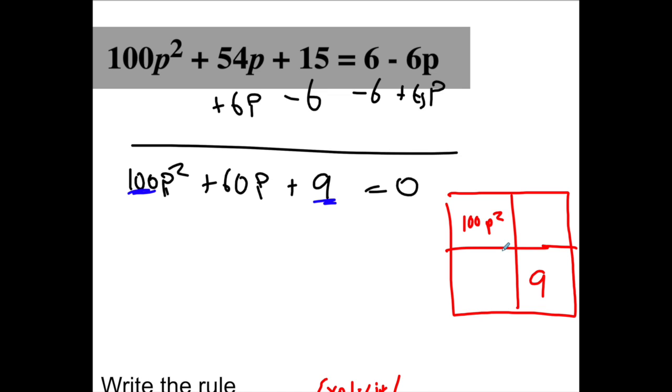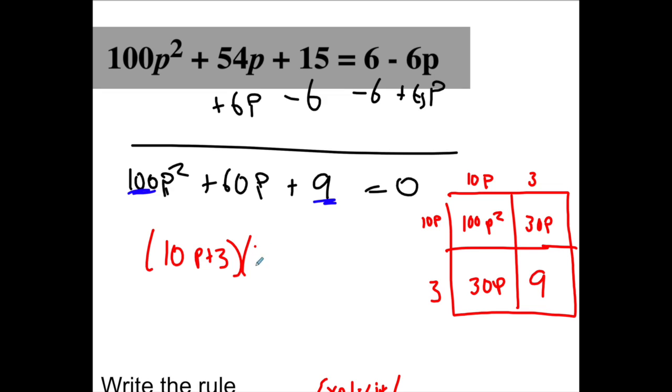Let's try it with this being 10 and this being 10, and since the 60 is positive, let's try this. So I do this, I get 30p and 30p for 60p. Perfect. So this is 10p plus 3 times 10p plus 3, and since these are the same, you can rewrite that as 10p plus 3 squared.